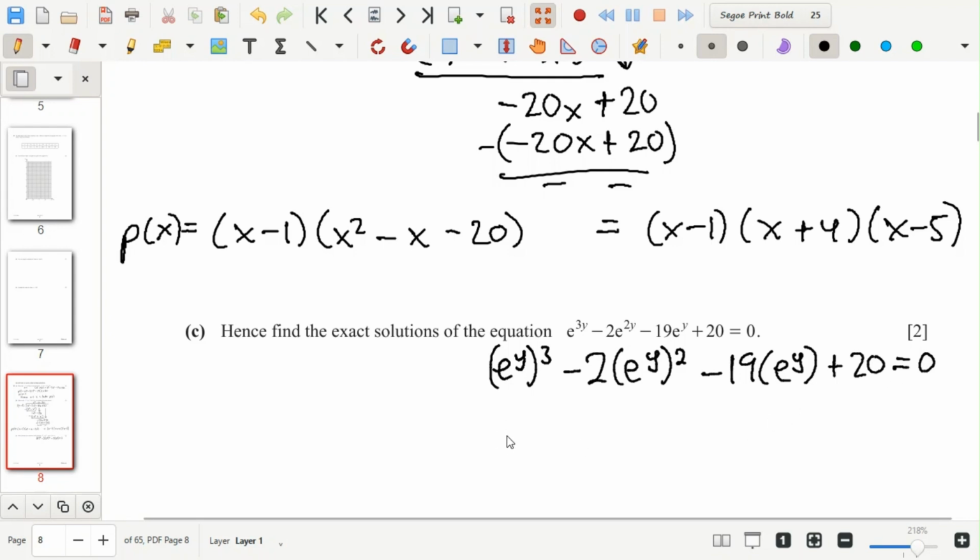So what they have done is that they have let e to the power y be x. So this is just like the polynomial function that they gave you, the original polynomial function.